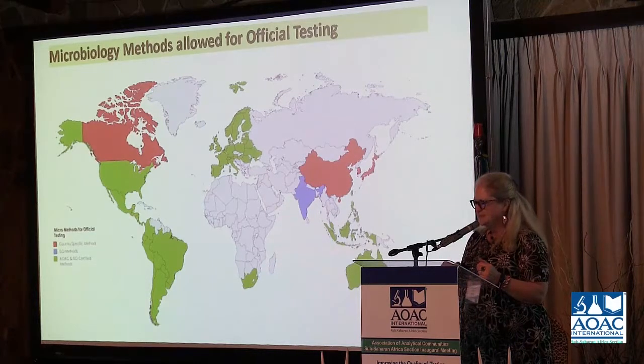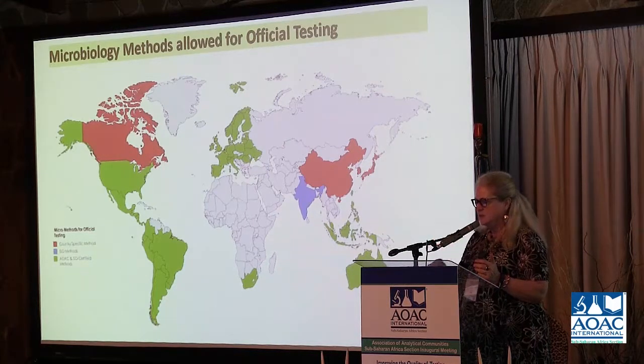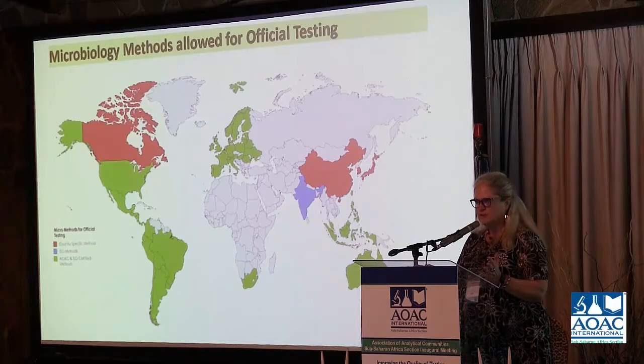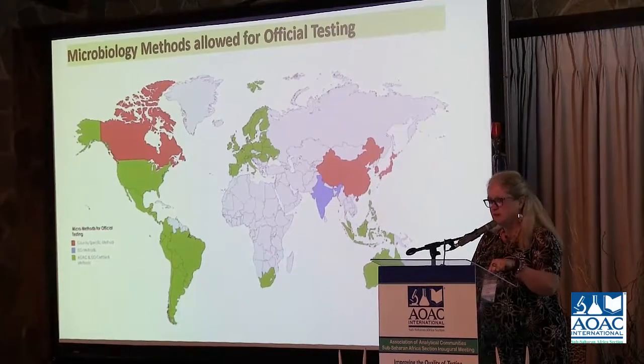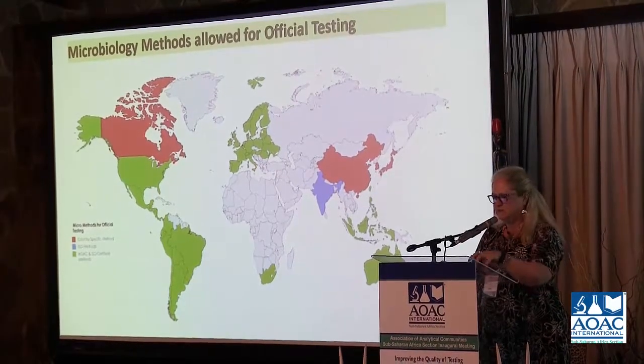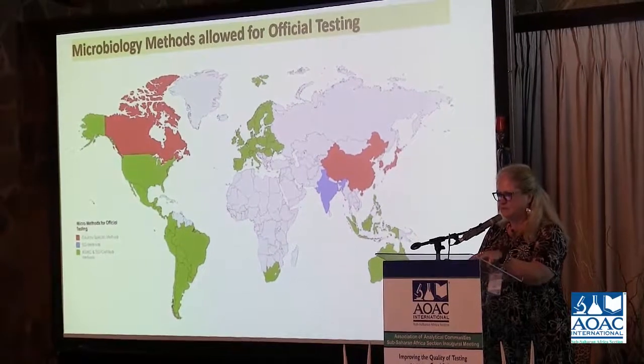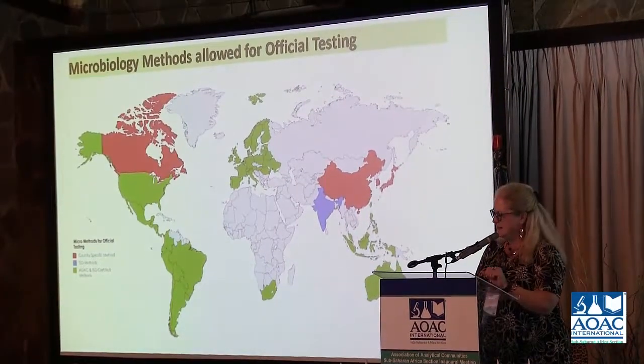I'll show you some lists that really say you can use a variety. And as we talked about with the ISO method validation, you can use alternative methods other than the reference method. Now, Canada, you can use alternative methods, but you have to follow their procedure for method validation. So it's limited to what they will accept, only their kinds of validations.